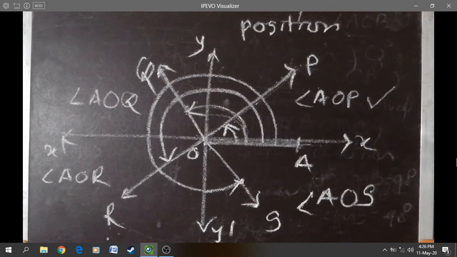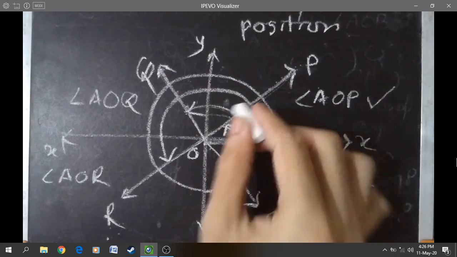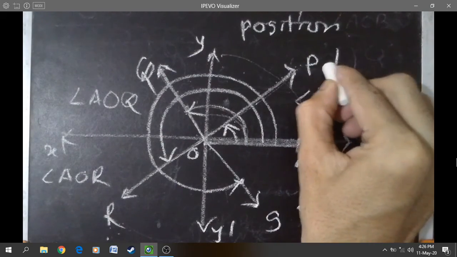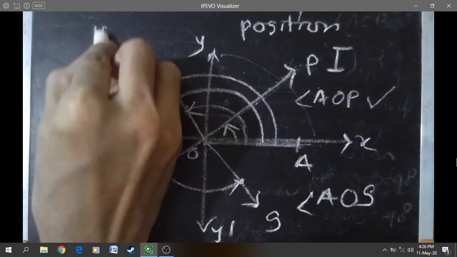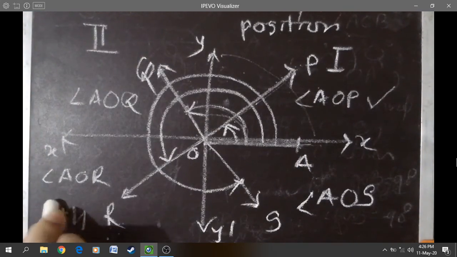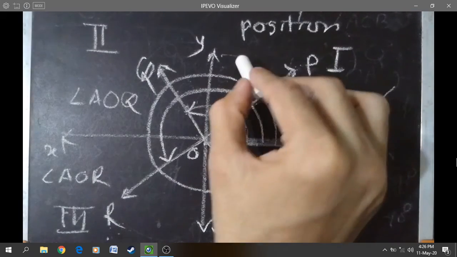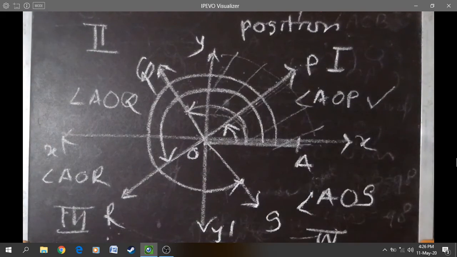Okay, so we can see here there are angles in different quadrants. We have already studied this quadrant is called quadrant 1, right? This one is quadrant 2, this one is quadrant 3, and this one is 4, right? We already know this. So angles in quadrants, basically, means identifying which quadrant they lie in.